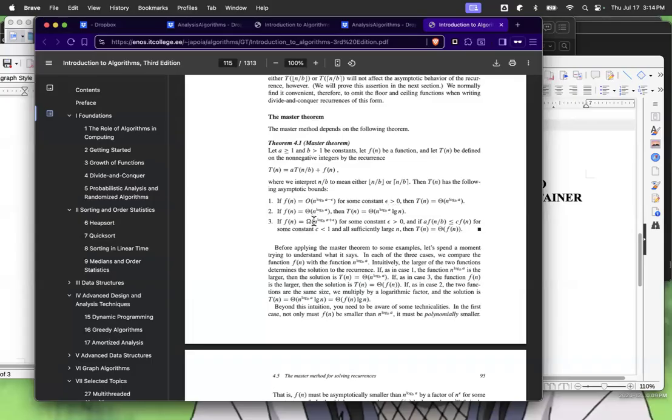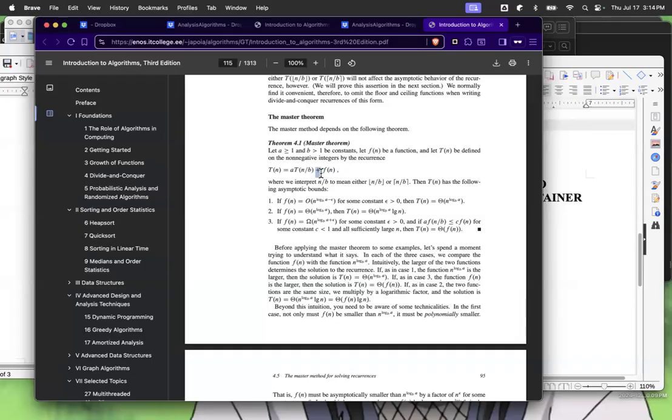Now, if f(n) is in Ω, meaning that f(n) is larger than n^(log_b a + ε) for some constant ε > 0, and if a·f(n/b) is less than or equal to c·f(n) for some constant c less than 1 and all sufficiently large n, then T(n) would be in Θ of the second term.